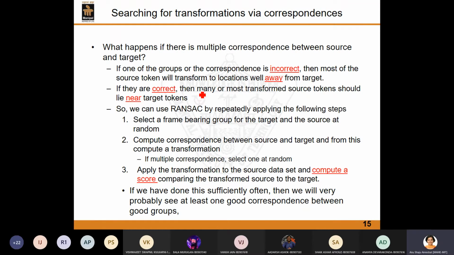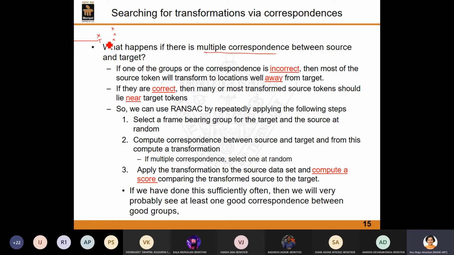Now what we need to discuss is, what if you have multiple correspondences between source and target? For example, take the case of the ICP algorithm itself. There you have a target over here, and let's say in the source you have 3 points, all of which are equidistant from this target.